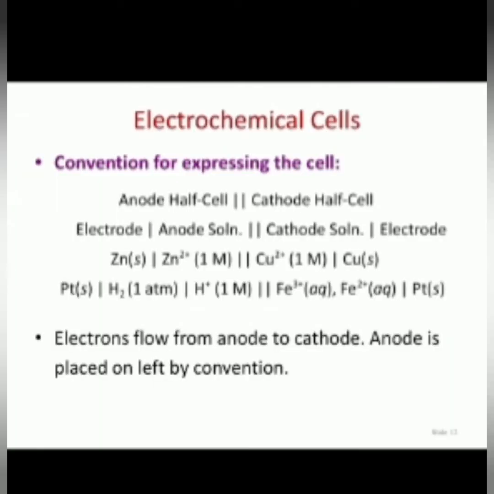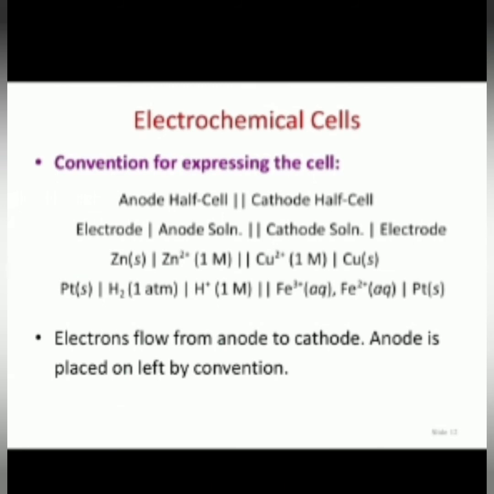Convention for expressing the cell. It is very important. Anode half cell and cathode half cell. As we know, the complete cell reaction can be divided into two half cell reactions, first the anodic reaction and the cathodic reaction.